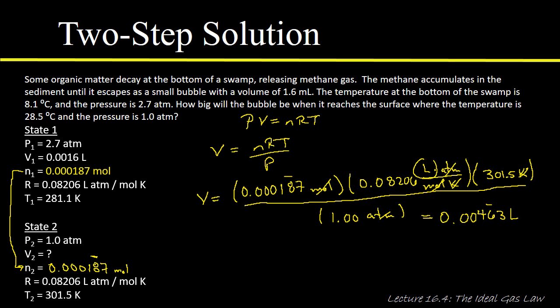And also, if the question says what's the volume, this value right here is a volume, so that would be technically correct. But I think it's implied that if the initial information is given to you in milliliters, then probably the final volume should also be in milliliters. So let's do that really quickly. 0.00463 liters times 1 liter contains 1,000 milliliters.